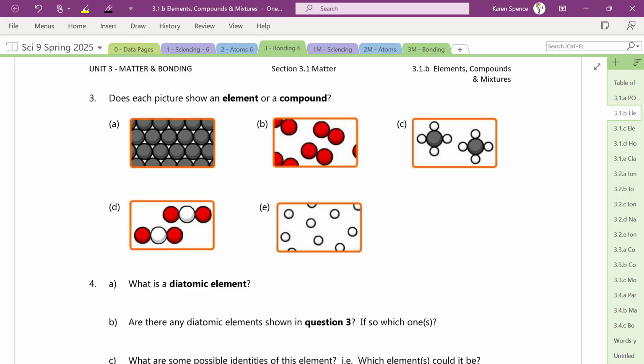When everyone has lit their Bunsen burner, when everyone's had a chance to light it, then you are going to cool off. You are going to take off the gas, and then you're going to put it away.